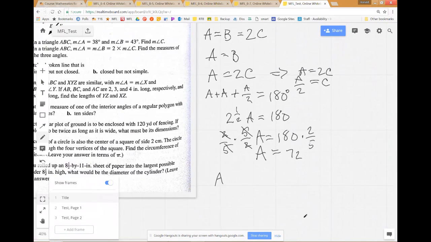So A equals 72. B equals 72. And C equals half of that. If we add the 3 up, we really do get 180 degrees. So that's number 6B.